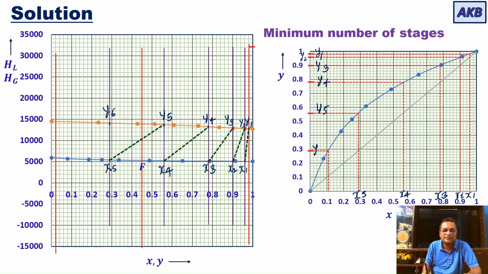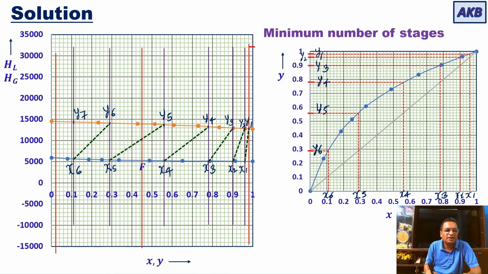So this is y6, get the corresponding value of x6, which is 0.11. Come back to the enthalpy concentration diagram, locate x6, draw a vertical line through x6, connect x6, y6 with a tie line, get y7, which in this case is equal to x6 and which is 0.11.